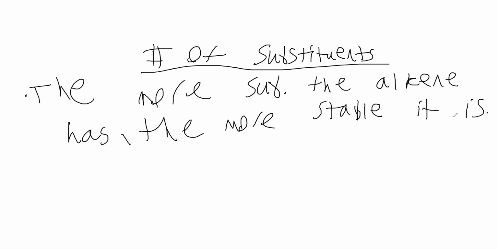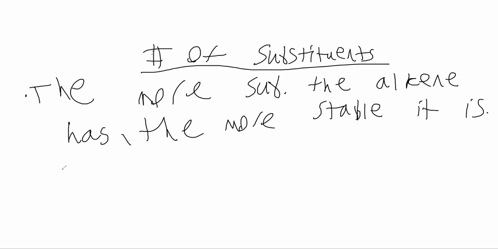I don't really have an explanation for this trend. It's just something that I'd recommend memorizing, but there's a trend with carbocation stability that follows the same pattern, so you can remember that and the reasoning for that, and it goes hand in hand with this.